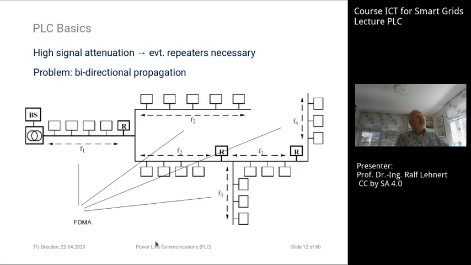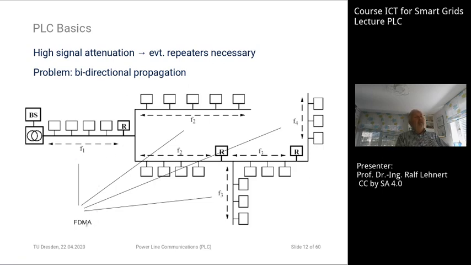The power line cannot distinguish between two directions. So if we want to feed in a signal here and we have received a signal from here, the signal must be transmitted in another range, either on the time domain or on the frequency domain.